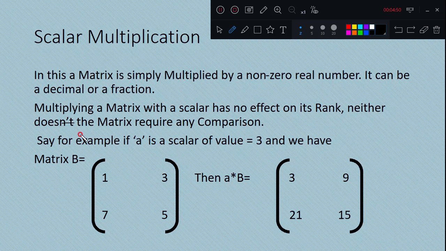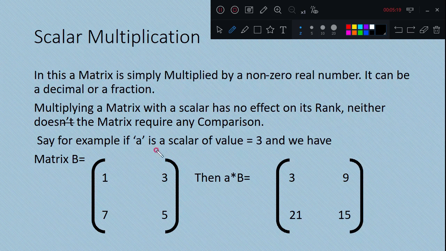Then only could we have proceeded with the operations. But in scalar multiplication, since we just have one matrix and we have to multiply it with a non-zero number, it doesn't require any sort of comparison, because there is nothing that it can be compared with.